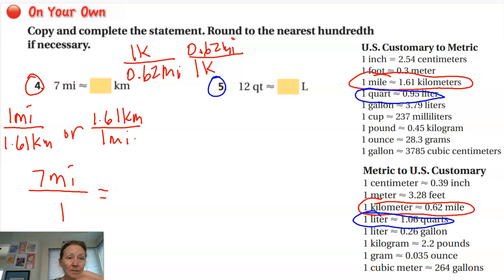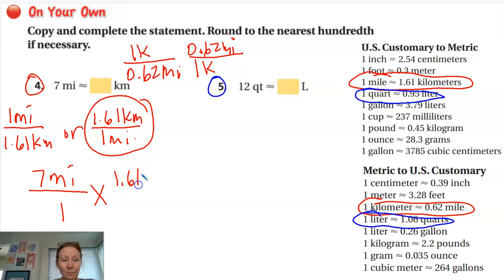Oops, what I meant to do was times. Let's see, which one do I want to pick? Let's go ahead and pick one that involves multiplying instead of dividing. All right, so I see 1.61 kilometers per every 1 mile. The miles are the units that cancel out.